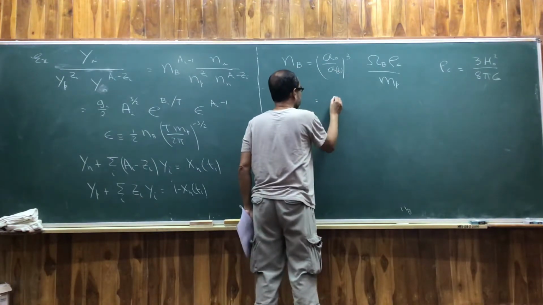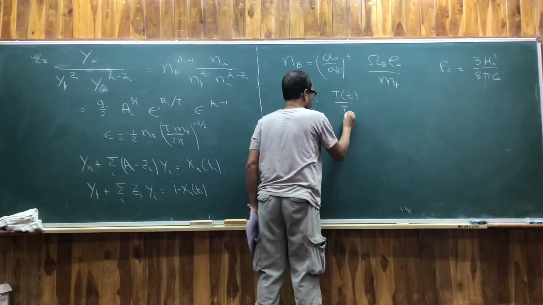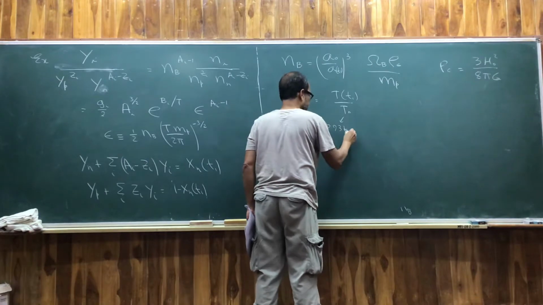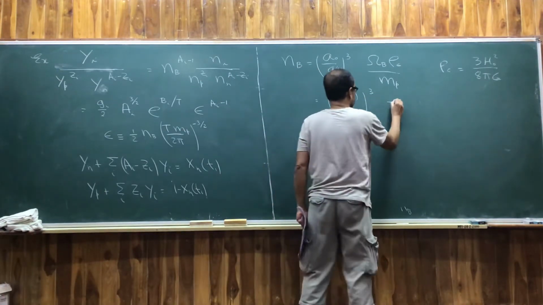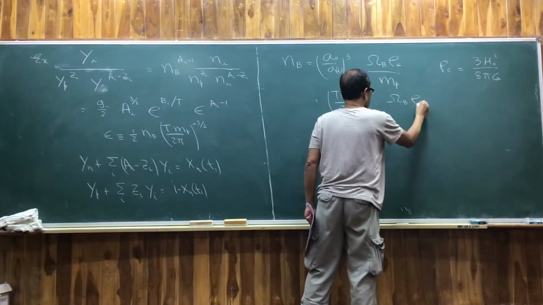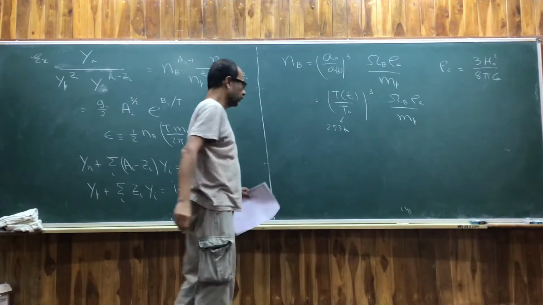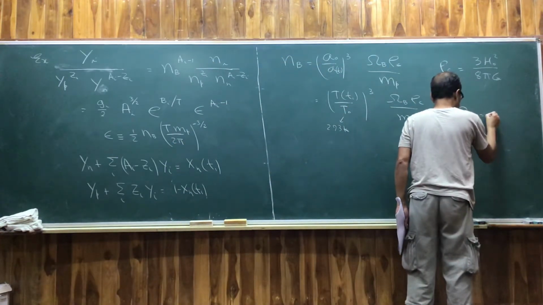This I can also write as T of T1 over T0, which is 2.73 K, cubed, times omega B rho C over M. Okay. So omega B we know is about 0.04.